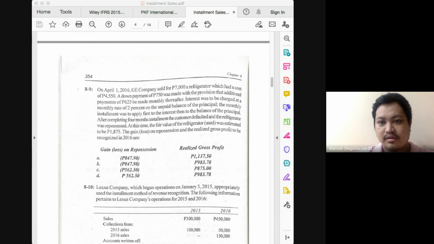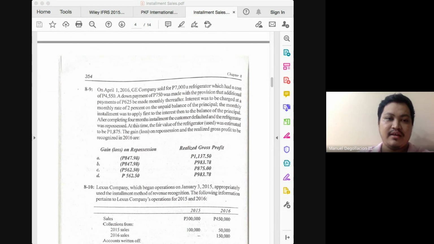After splitting the payments between interest and principal, the defaulted balance will be 4,189, and you multiply that with the complement of the 35%, the 65%, and you would get an unrecovered cost of 2,723.